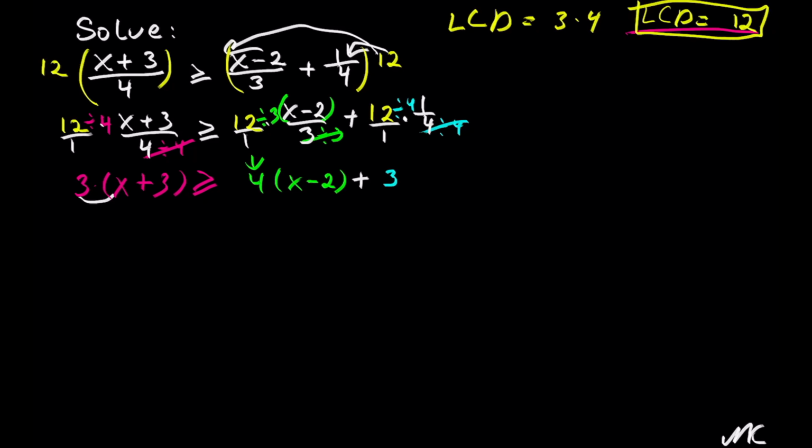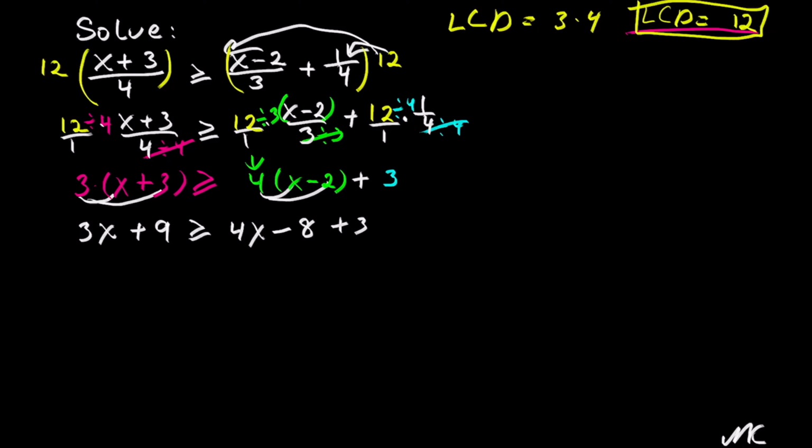So let's distribute 3 on the left, and we get 3x plus 3 times 3 is 9, is greater than or equal to, let's distribute 4 into this parentheses, and we get 4 times x is 4x, positive 4 times negative 2 gives us negative 8, and we have plus 3 at the end.